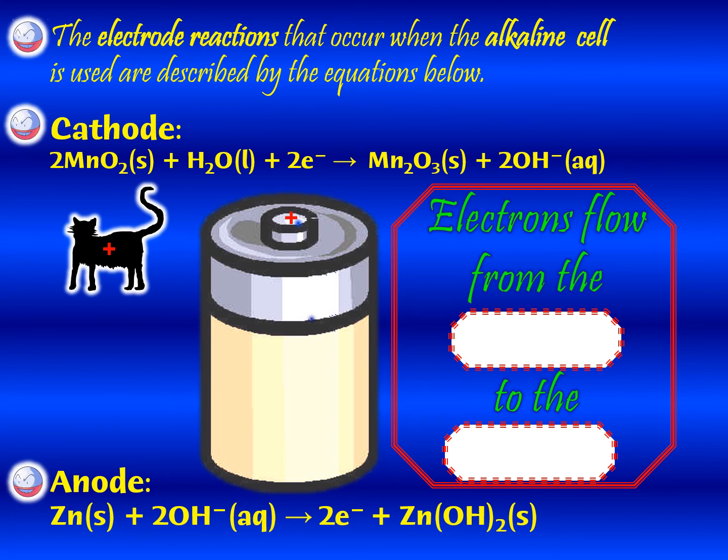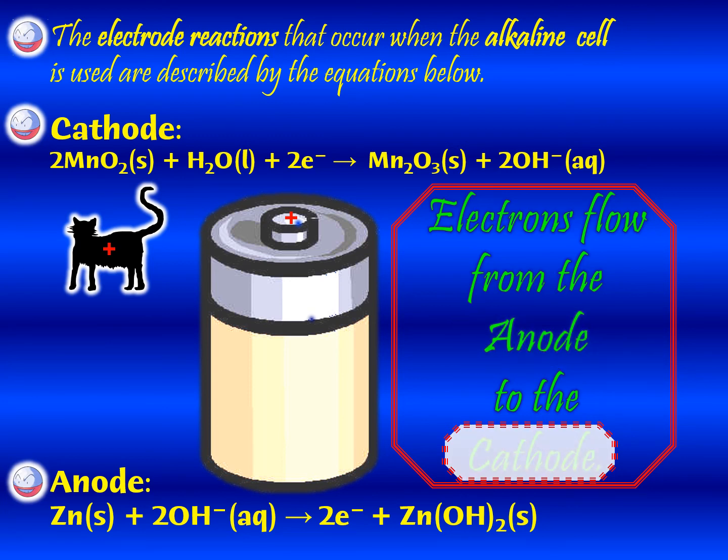So remember that in a battery, electrons flow from the anode to the cathode. Despite the way we show it on circuit diagrams, where we show the electrical current the other way around. That's just because moving negative particles is so confusing, they decided to just pretend it's a positive particle moving.